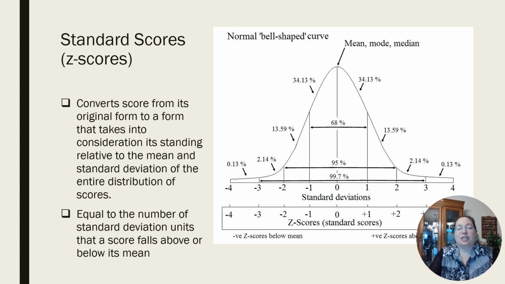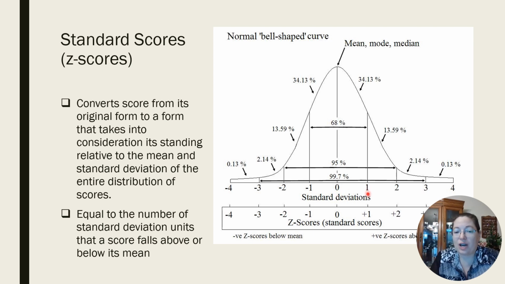The thing about standard scores is that they have their own what's known as standard normal distribution. So with the bell curve, we learned that that center point is the mean, median, and mode. However, with the standard normal curve, where our standard scores are, the mean is 0.